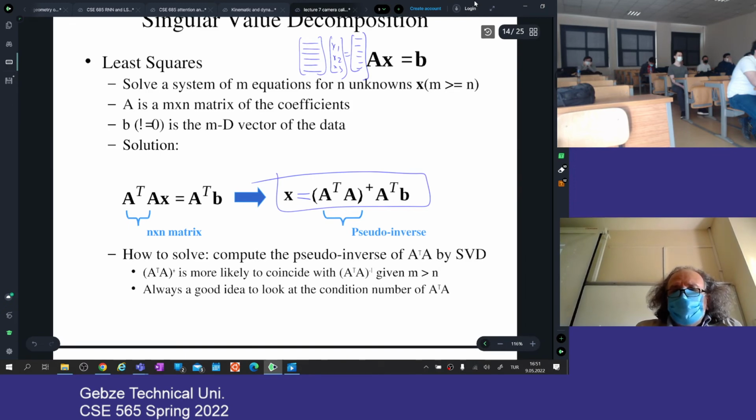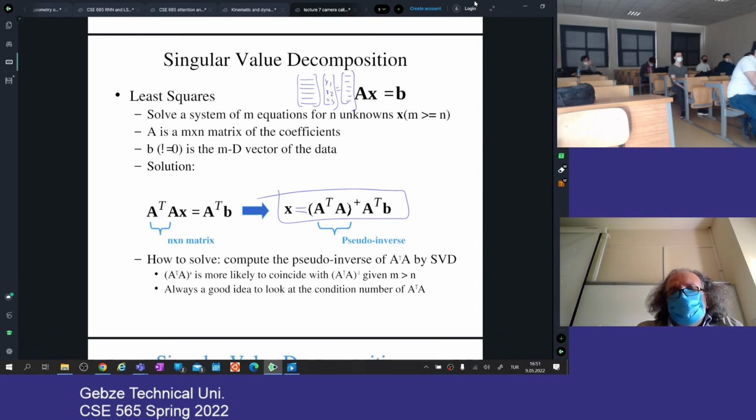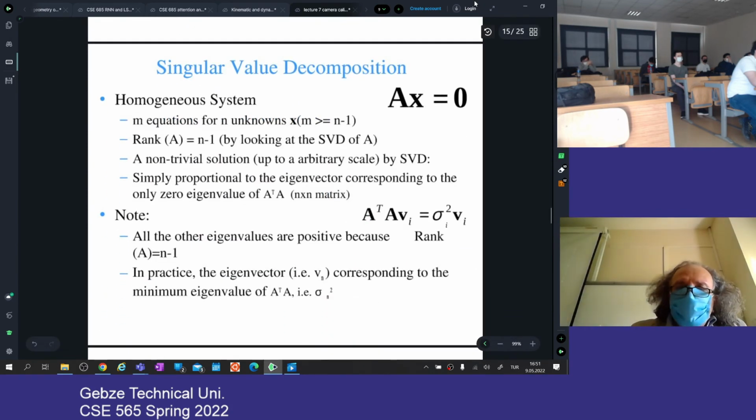Compute the inverse of A^T A by singular value decomposition. A^T A is more likely to coincide with (A^T A)^-1 given m is greater than n. And these are all proven results. We are just using them. So the least squares solution is one thing. We looked at all of that just to come to this one.